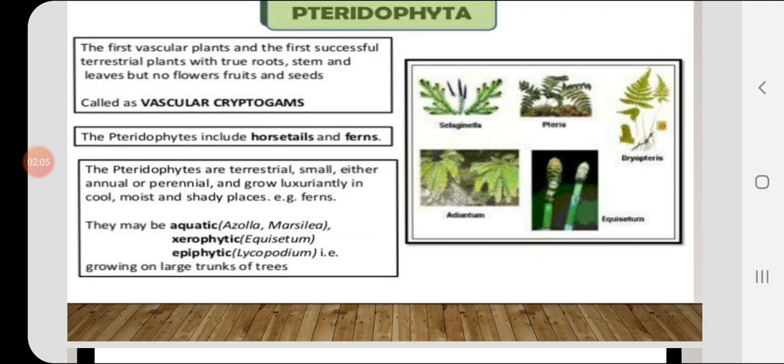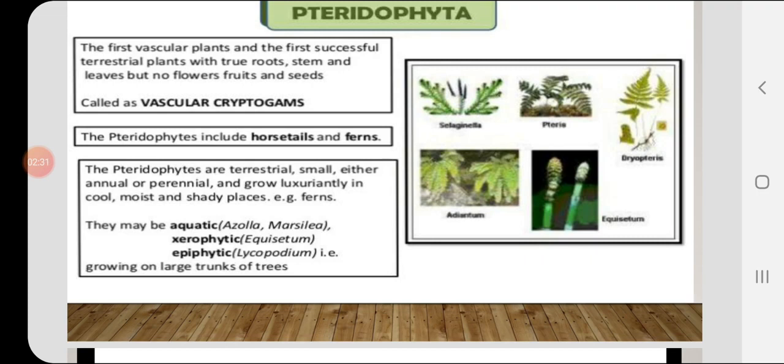That means they show vascular tissues, that is xylem and phloem. They are known as the first successful terrestrial plant with true roots, stems and leaves, but no flowers, fruits and seeds. That means Pteridophyta were the first plants to show true roots, true stem and true leaves.